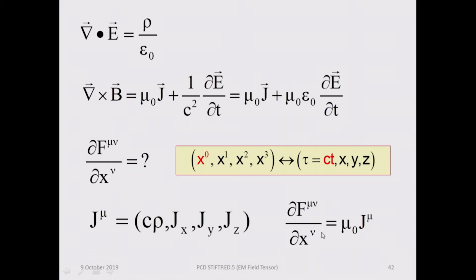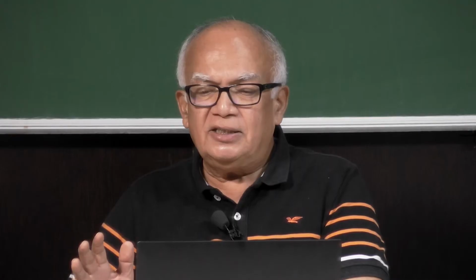So, you have to sum over nu. Okay. So, which means that you have to take this left hand side for nu equal to 0, then add to it the same for nu equal to 1, then for nu equal to 2 and for nu equal to 3. So, when you add all the 4 pieces, you get the left hand side for the particular value of mu that you have chosen.